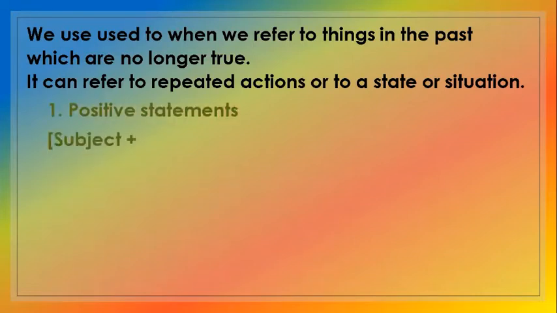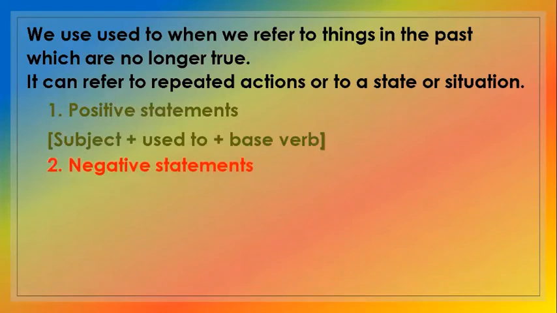Let's see how we use used to. In the affirmative sentences, we put used to plus base verb: used to play, used to eat, used to drink, used to go, etc. So after used to, we put the base verb. Now, guys, in the negative, we have to put didn't, because we already said that the verb after did has to take the base form.